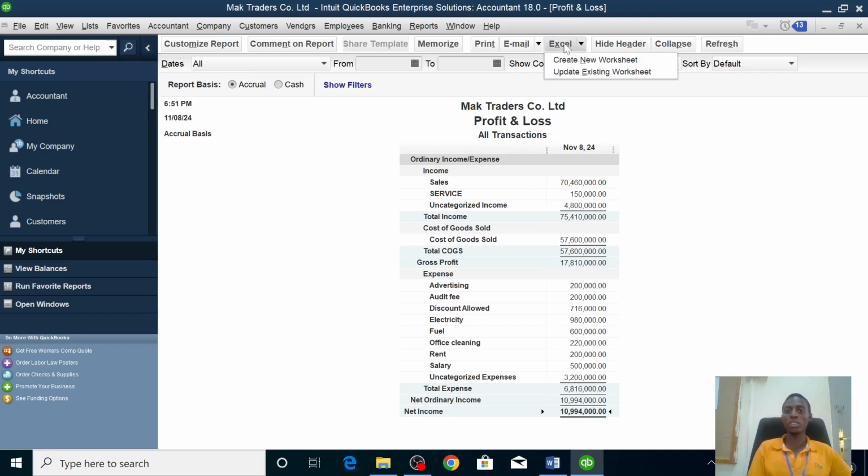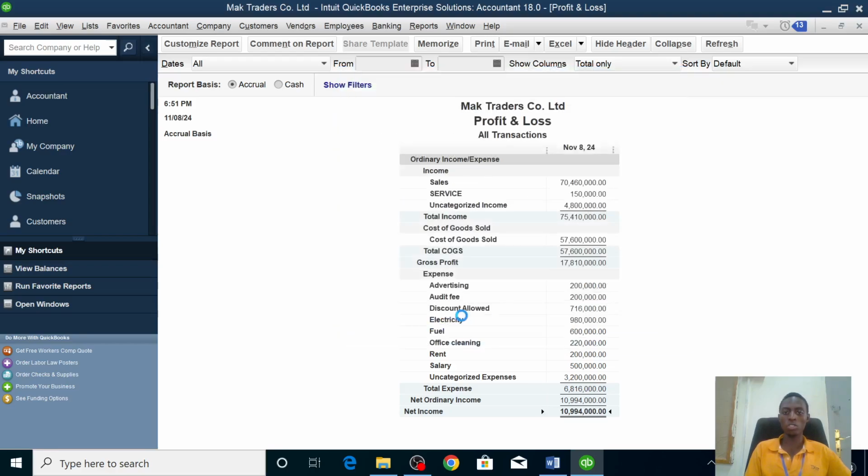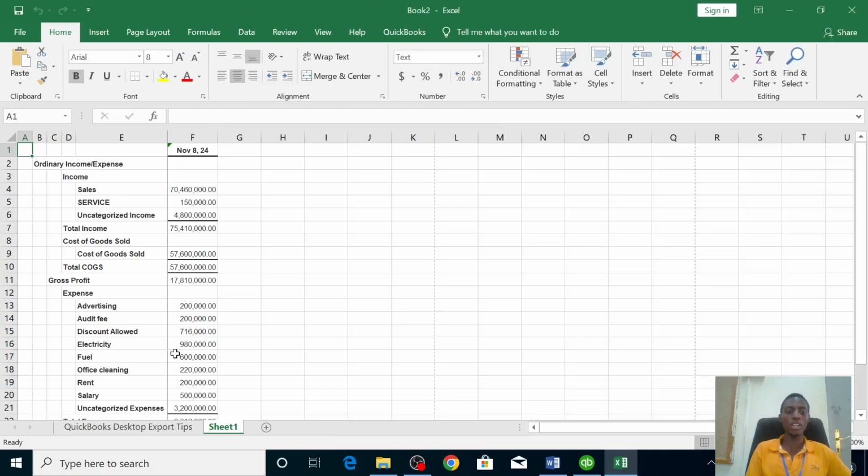I can export it, Excel, create a new worksheet, and I export. It's exporting. My profit or loss statement is right here.